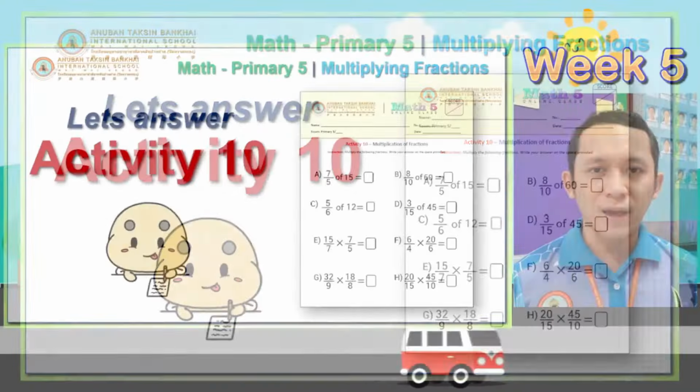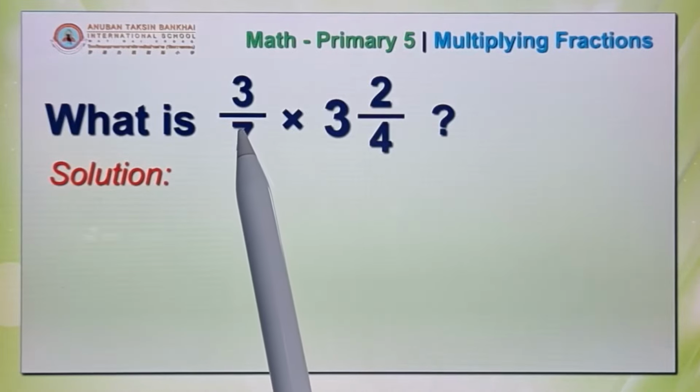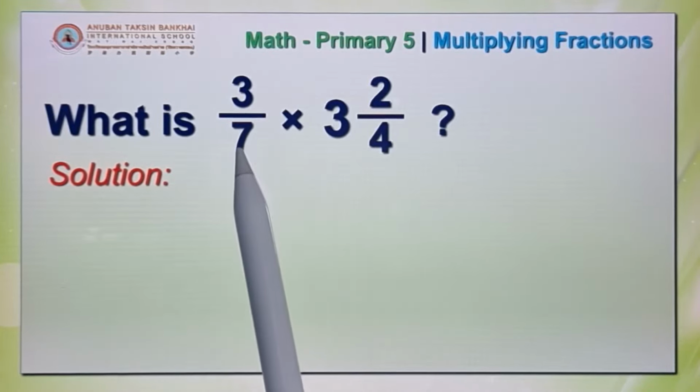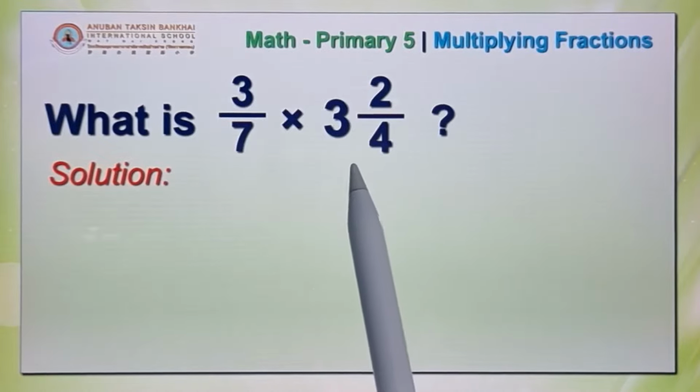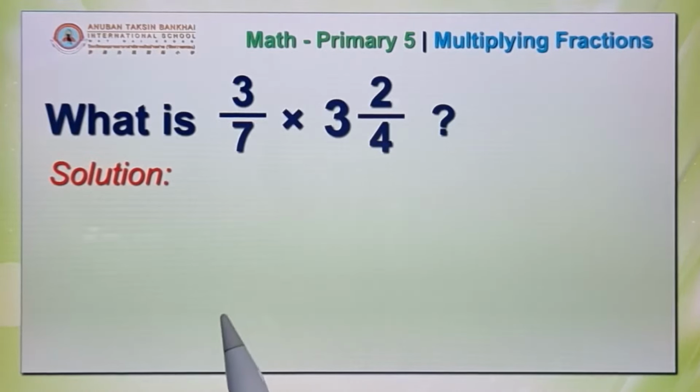What is 3 over 7 multiplied by 3 and 2 over 4? Now let's show our solution with this problem. So again, we have here a proper fraction, 3 over 7, and this one is a mixed number. Now when we have a mixed number, we need to change it to an improper fraction.